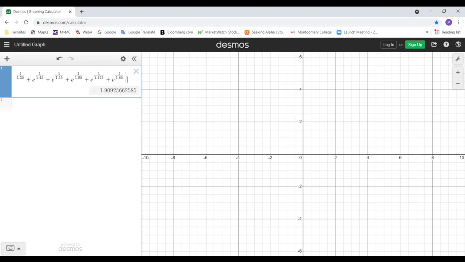Try it for yourself and see if you can do it here in the last couple of minutes. Got to be real careful. I don't want to delete any of this that I did here. The last term is e to the 1 divided by 1.95.